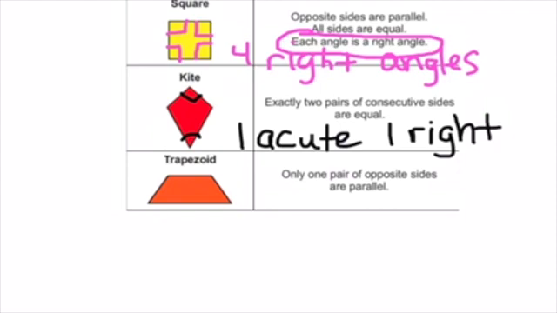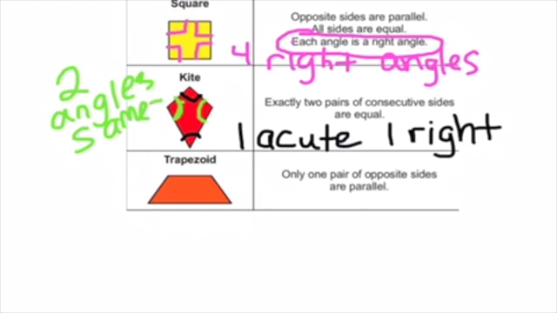And then I can tell that this angle is the same as the opposite angle. So two angles are the same, and they are obtuse because they are larger than that L, or that right angle. So we have a lot going on in that kite, and that's what makes a kite a lot different than the other quadrilaterals.